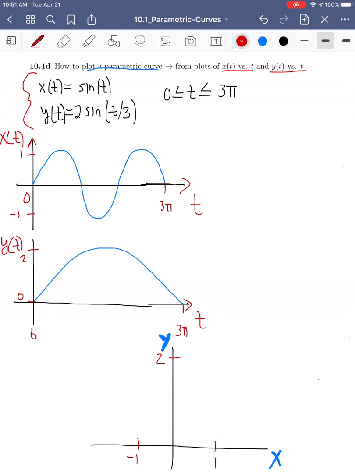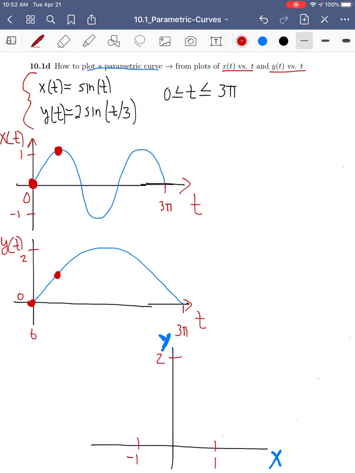So how can we go from these coordinate plots into the plot on the xy plane? Well, we're going to do this very similarly to how we did it before, going the opposite way from the parametric curve to individual coordinate plots. We're going to go basically point by point. So we can start dividing up our function into different points. I'm going to choose points that correspond to the same t values.